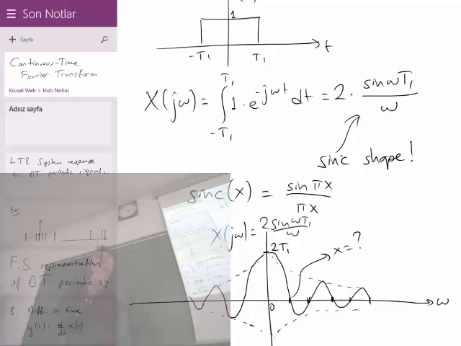As a matter of fact, you can find it. When is a sine making a 0? At the angle equal to pi, isn't it? So when is it equal to pi? At omega equal to pi over t1. It's not pi, it's pi over t1.